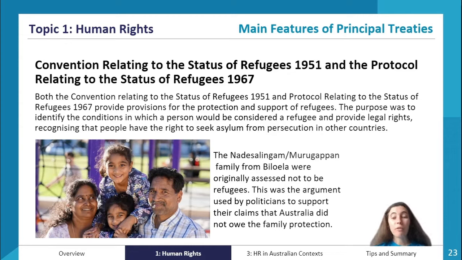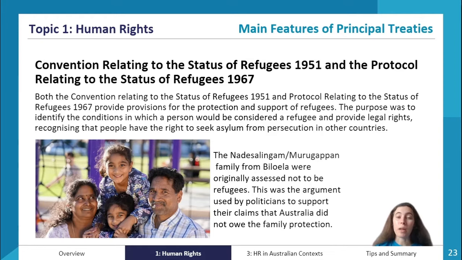So this family from Biloela were originally assessed not to be refugees in Australia, and this was the argument that was used by politicians to support their claims that Australia did not owe the family protection. But ultimately, back in 2021, when the Labor government got into power, one of their promises was to allow this family to stay in Australia, and they upheld that promise.